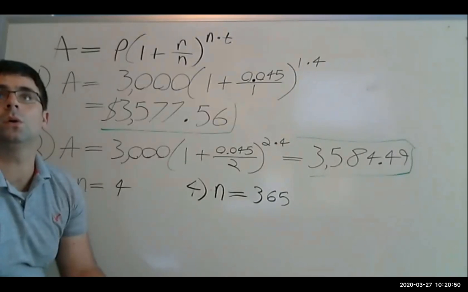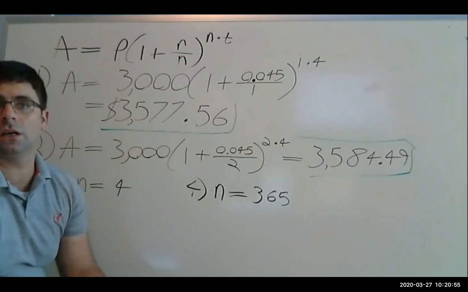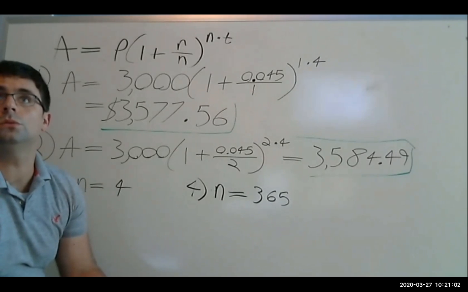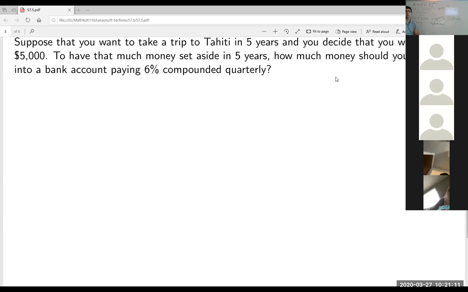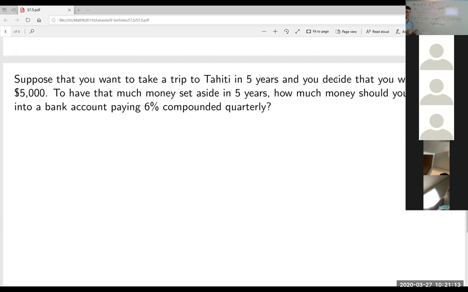All right. So let's look at the next one. So suppose you want to take a trip to Tahiti in 5 years, and you decide that you will need $5,000 to take that trip.